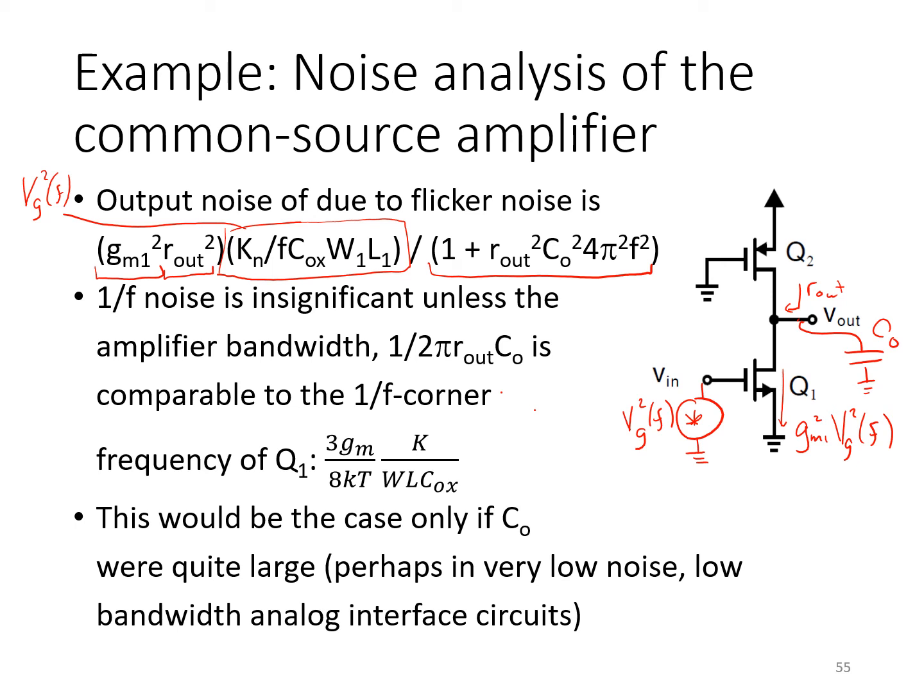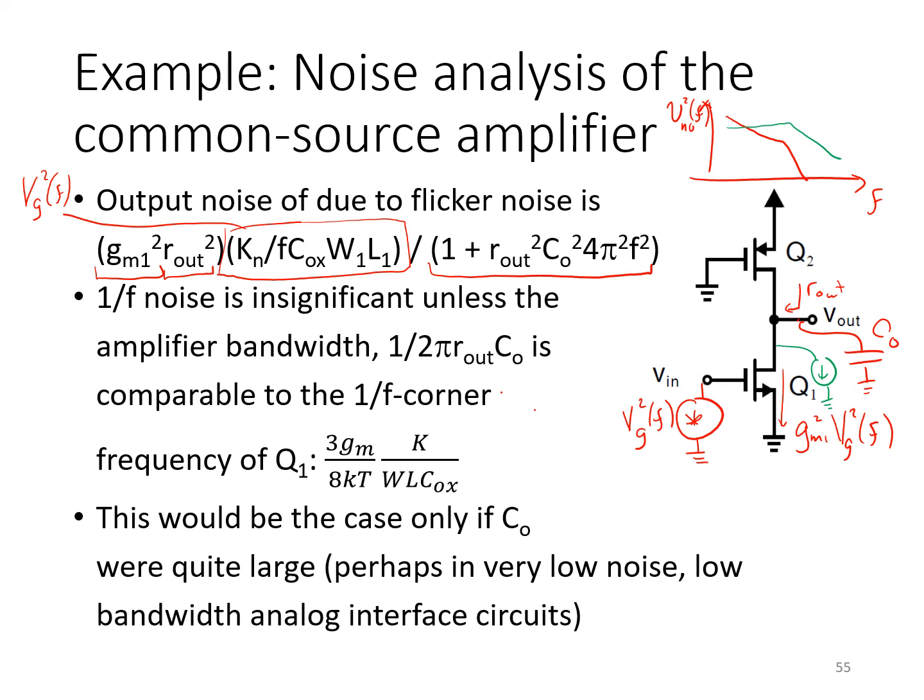So again, the total noise at the output would be the superposition of these three. The noise at the output, spectral density: you've got the noise due to the 1 over F noise corner here. Then you would also have the term due to ID1, and that's going to be a low pass filtered one.